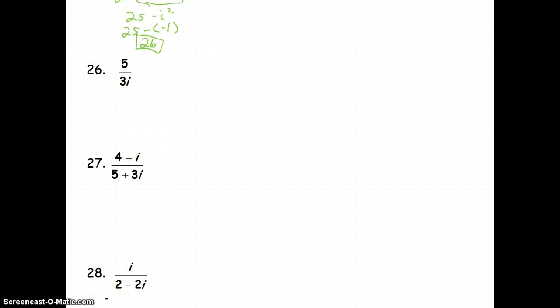On 26, if you have an i in the bottom, you want to rationalize that denominator. That means we want to multiply it by something that will get rid of the i. You have two options here. You can multiply this by 3i or i. I'm just going to do i. Notice when I multiplied the bottom by i, I multiplied the top by i as well. i over i is equivalent to 1, so we're not changing the value of it, we're just changing the way that it's written.